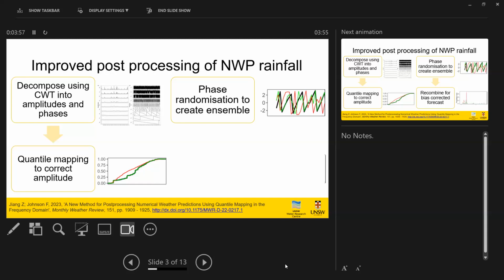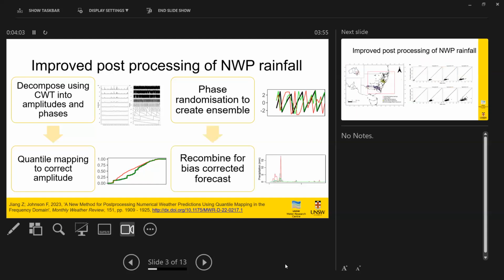It uses a deterministic forecast. So then we can create an ensemble of forecasts and recombine all of these different spectrums to come up with a bias-corrected forecast, which now has uncertainty in timing as well as the amounts.